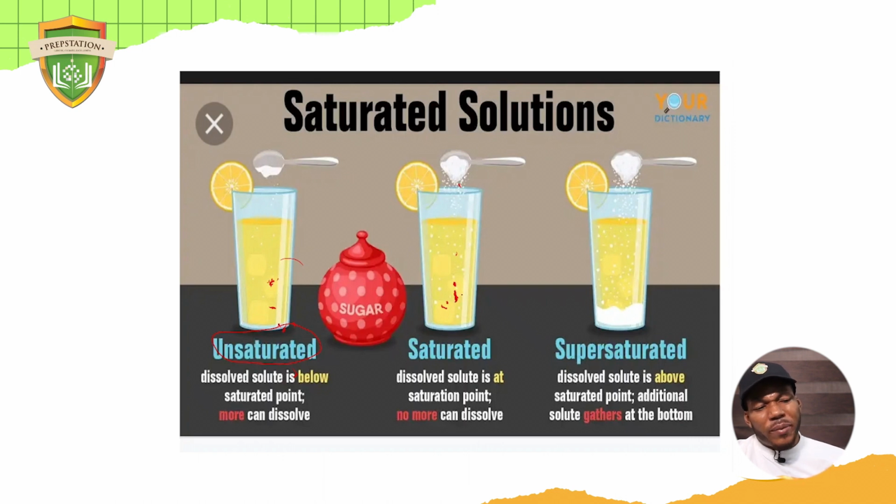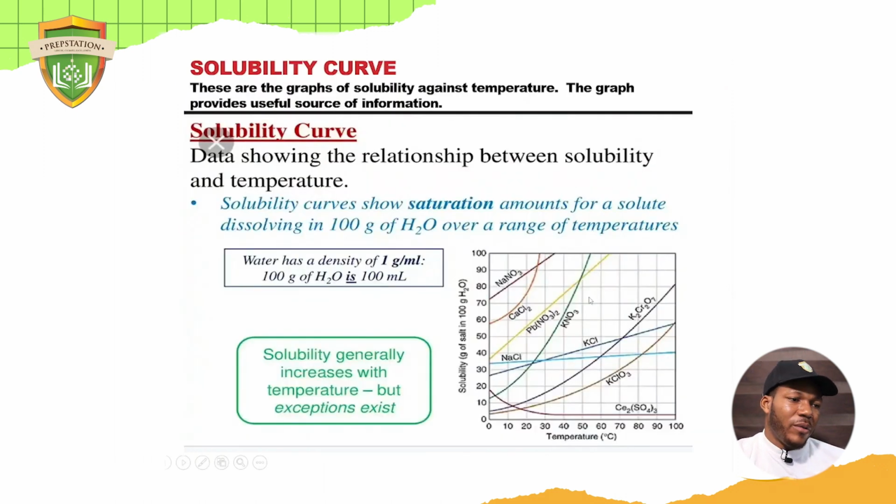You will see some particles of undissolved solute in the solvent. You call it what? Saturated. Then supersaturated is when we have exceeded the saturated point. You added more of the solute to your solvent, and the solution becomes so thick that you can even notice the crystals. We call that a supersaturated solution.